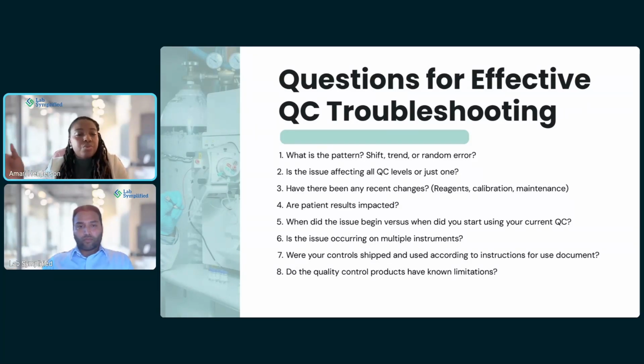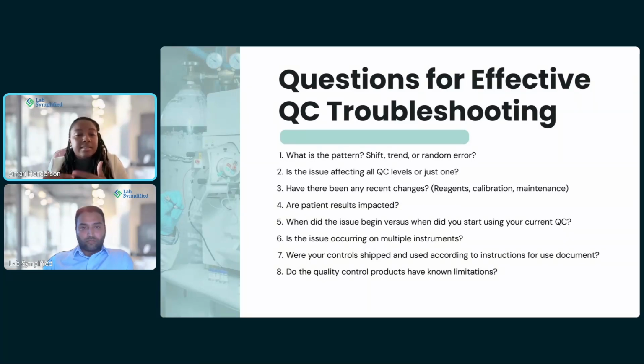So you want to maybe pull some previously run proficiency or patient samples from before you started to have your issue. You want to rerun those so we can understand, do you notice the same issue with those samples?